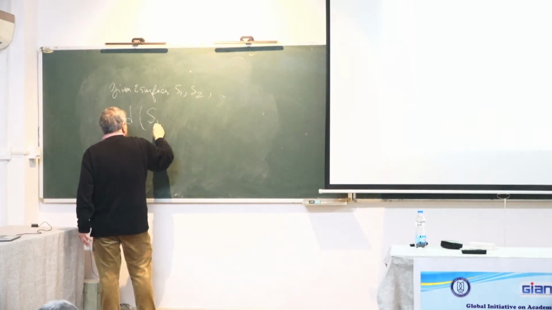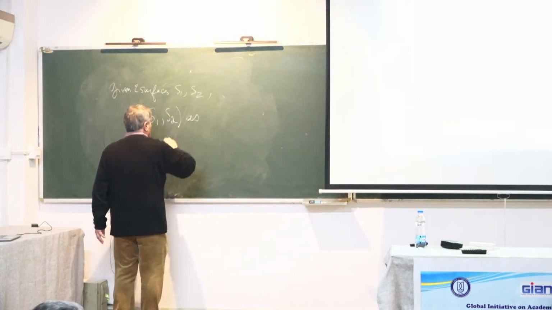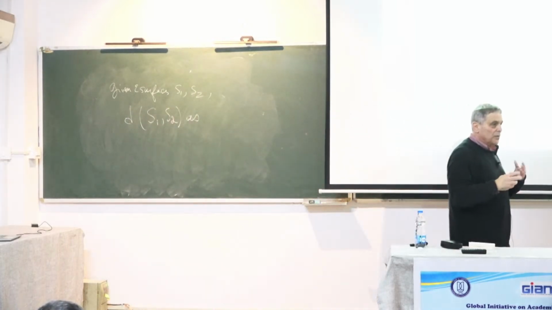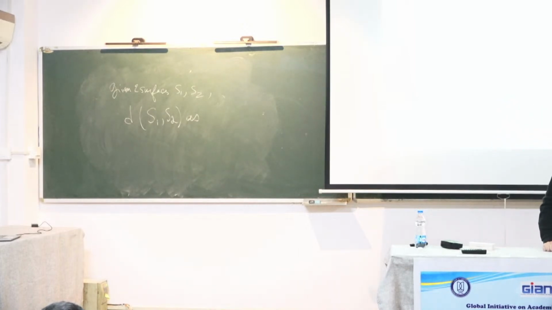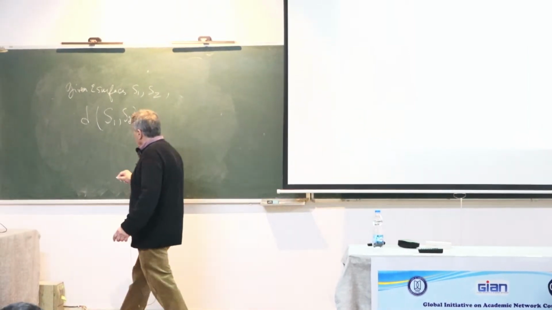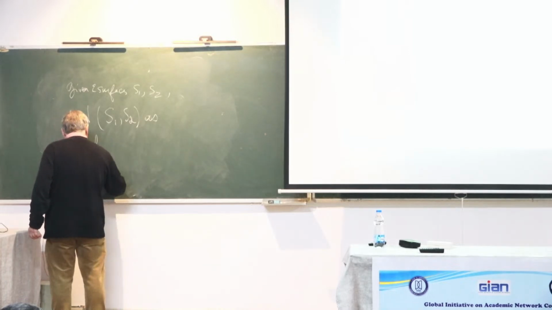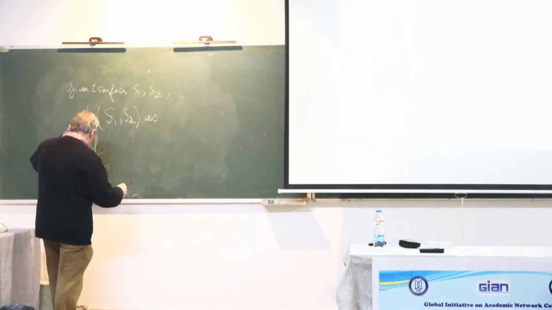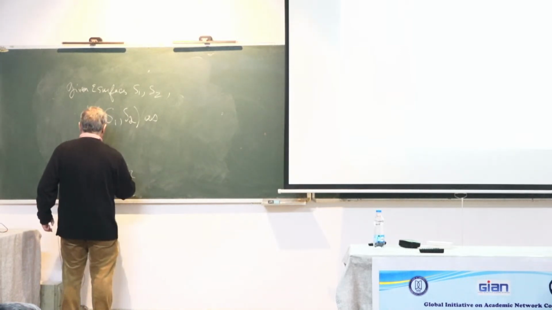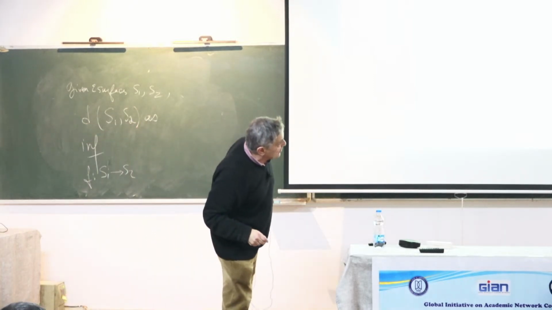I want to define the distance between S1 and S2. How do I want to do it? Because I told you how we define the first distance. We take the infimum over all maps F, which are, say, differentiable between S1 and S2. We take the infimum of what? Of K of F.